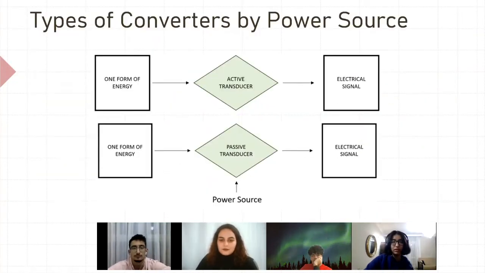By classifying the transducers, I will first talk about the types of transducers according to the power source. According to the power source, the transducers are divided into two: active and passive. The active transducer transduces various physical stimuli into electrical signals using the energy from the stimulus itself, without the need for an external power source.